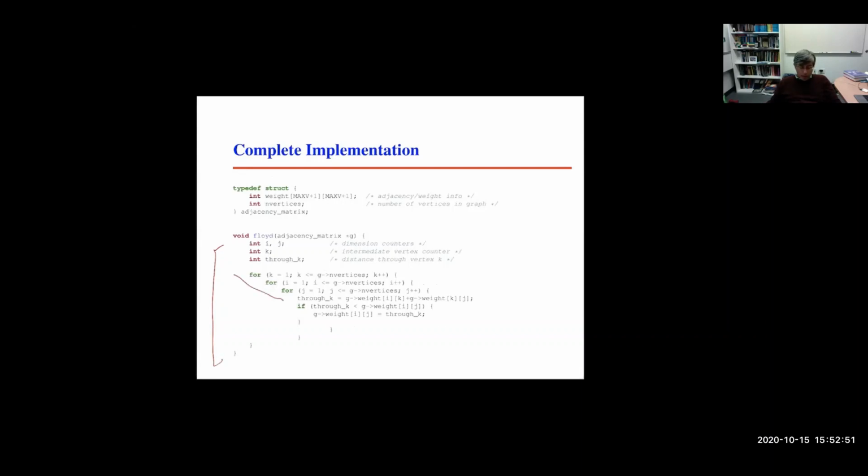It is basically saying the cheapest way of getting from i to j through k is the path length from i to k plus the path length from k to j. If going through k is better than what we know about, update it. This is Floyd's algorithm. Any questions about that?